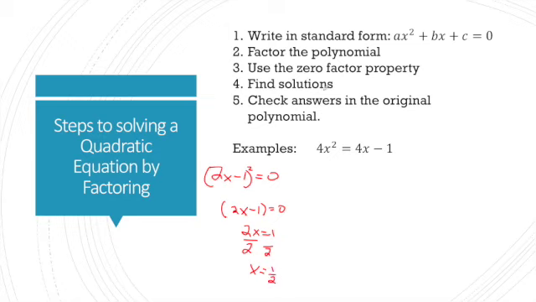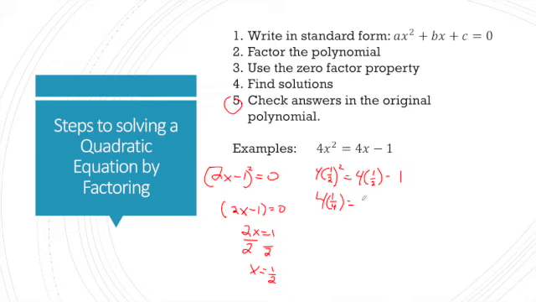Now, I need to check this in my equation. So I'm going to plug it in. 4 times 1/2 squared equals 4 times 1/2 minus 1. Well, 1/2 squared is 1/4. This would give me 4 over 2, right?